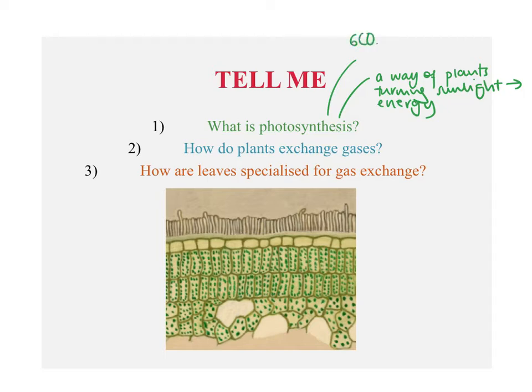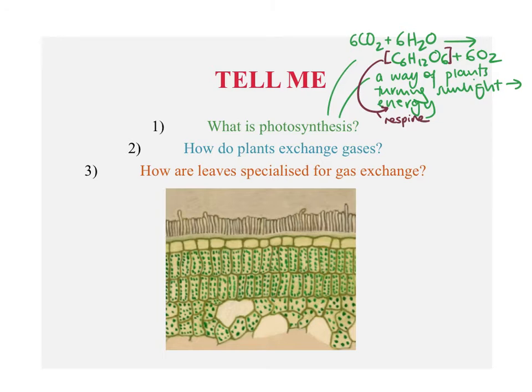So we have 6 CO2 plus 6 H2O plus the sunlight plus the chlorophyll gives us C6H12O6 and 6O2. Notice that when we say we're turning the sunlight into energy, it's not actually making ATP in the same way that respiration does, but that glucose can then go on to respire. And we can break that down.